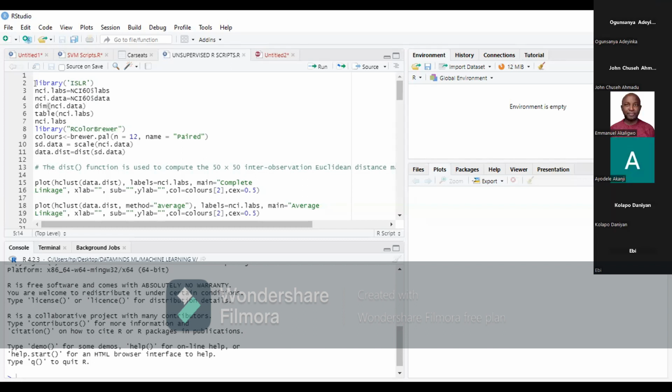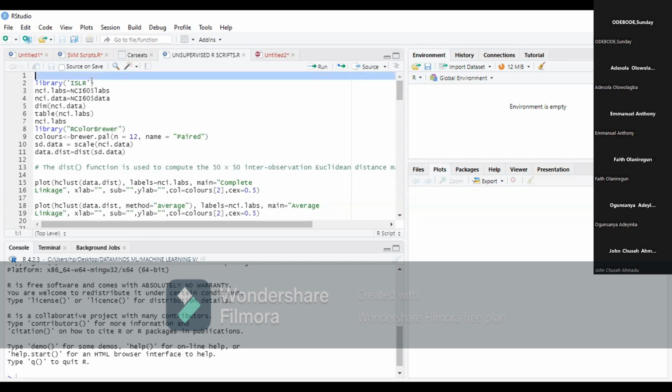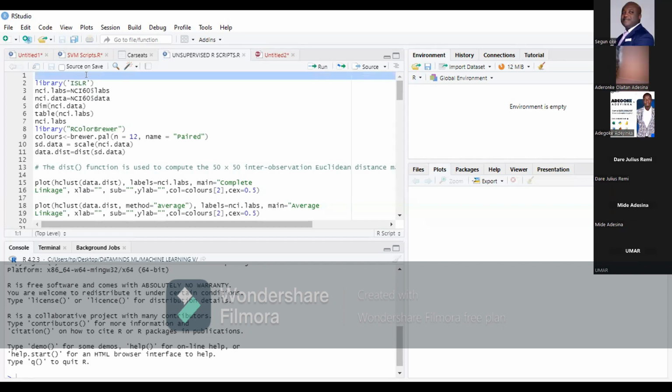So now the first thing we're going to do, we look at our lines 2. We do lines 2 here. Actually it brings in the package, the library that we need to use.